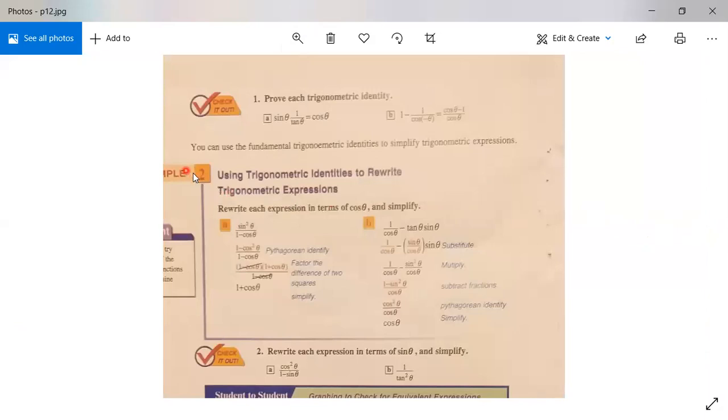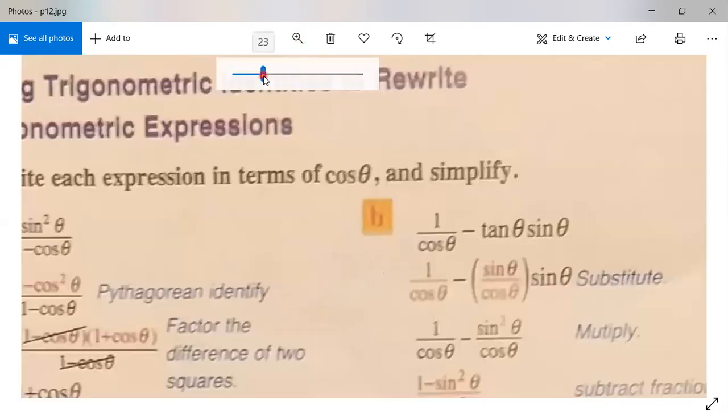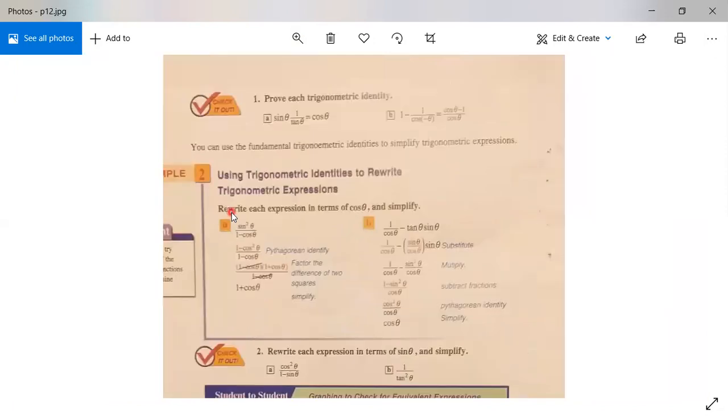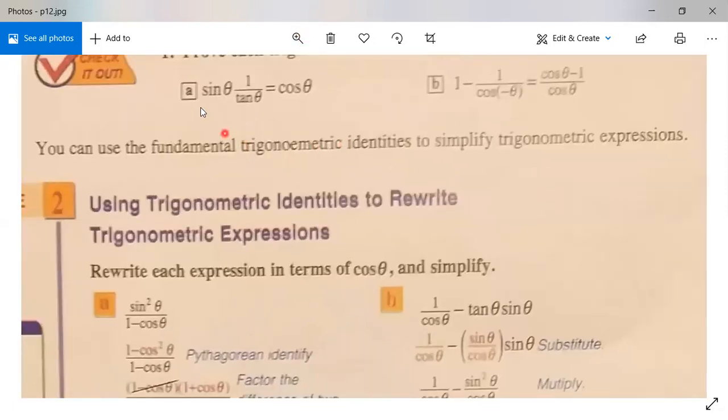Example 2. What's required for example 2? We need to rewrite the function, using trigonometric identities.